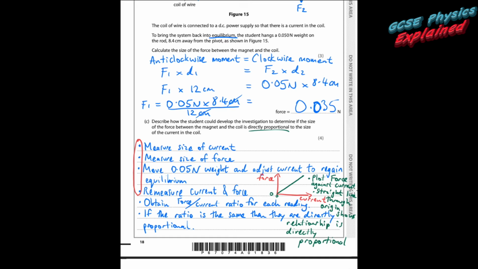Plot force against current. If you get a straight line through the origin, it shows the relationship is directly proportional. A little bit tricky, that one. Never saw that question too many times over the years.